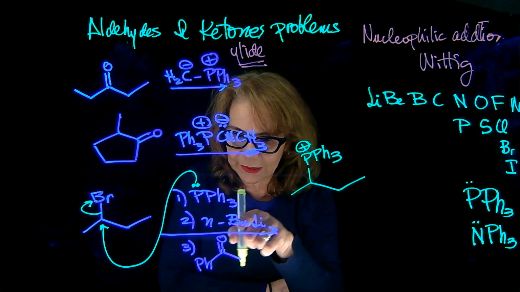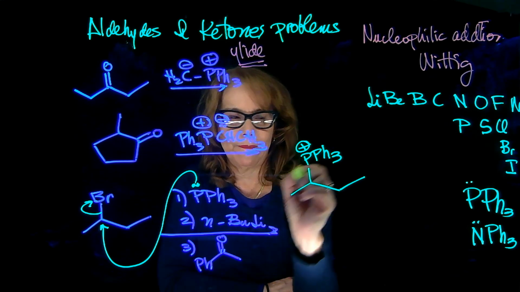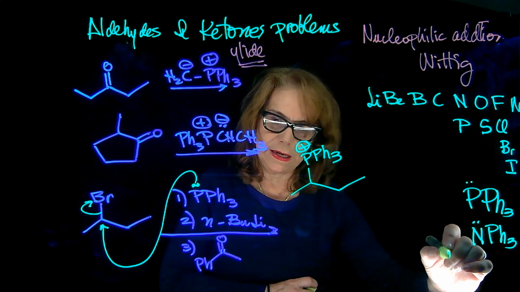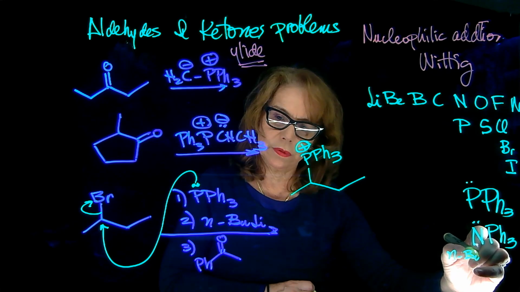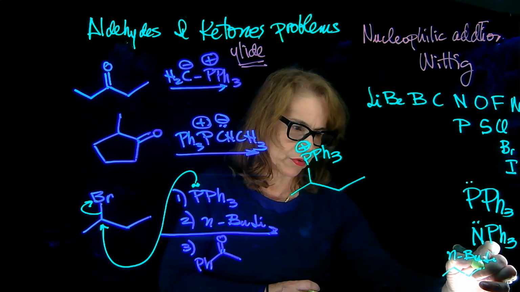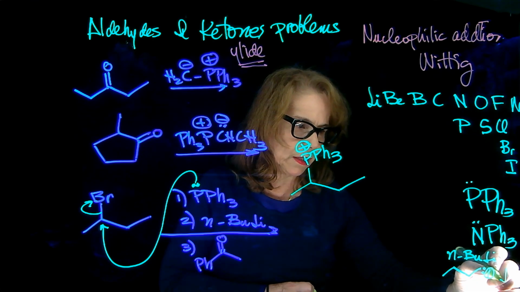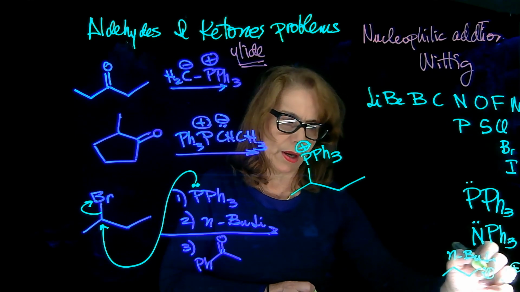Then I add a very strong base. N-butyl lithium is this. Let's draw the structure. This is a conjugate base of butane. Lithium is simply the counter ion.